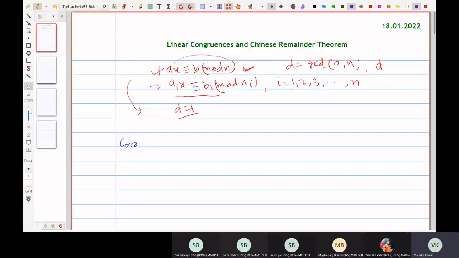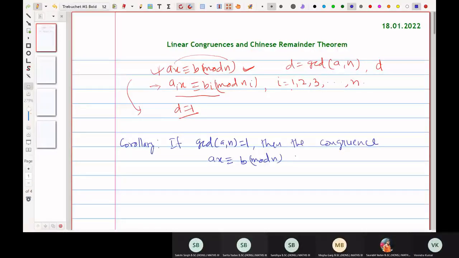So the corollary to that theorem is that if the greatest common divisor of A and N is 1, that is they are relatively prime, then the congruence Ax congruent to B modulo N has a unique solution.